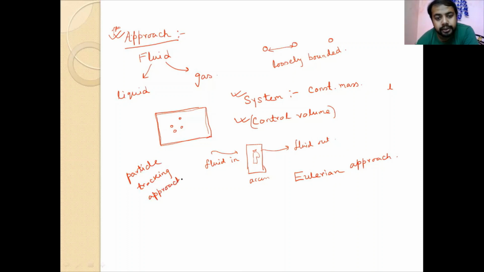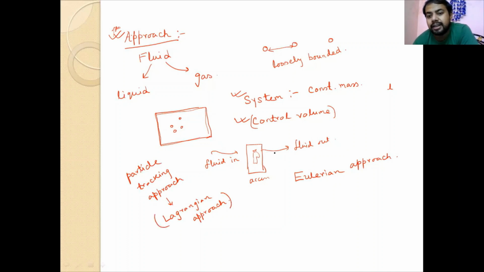This approach is another name for the Lagrangian approach. Basically, in this approach we are tracking the particles; that is the Lagrangian approach, where each and every particle we are following.